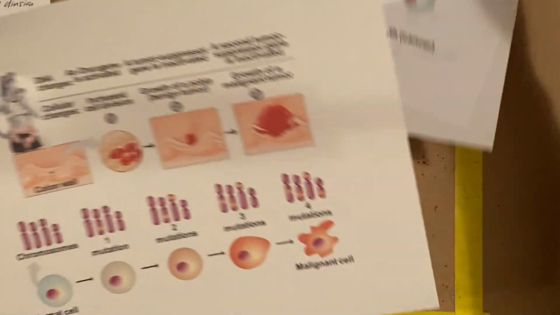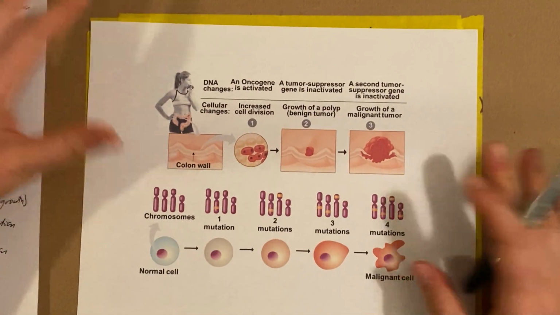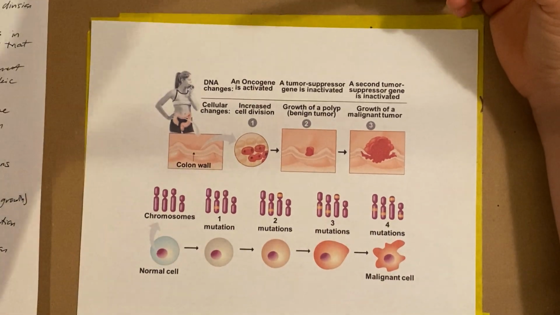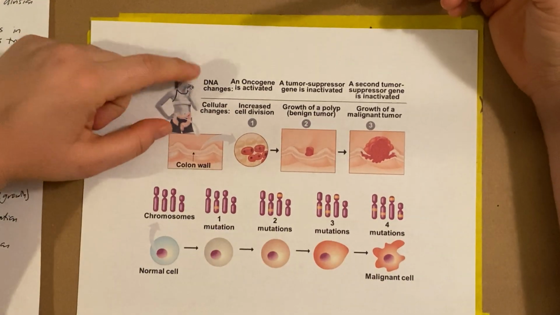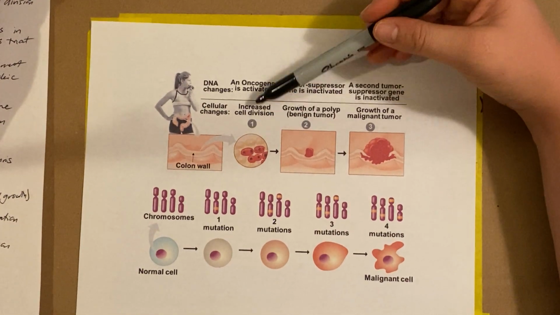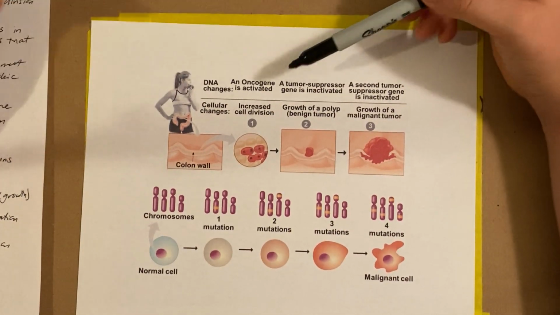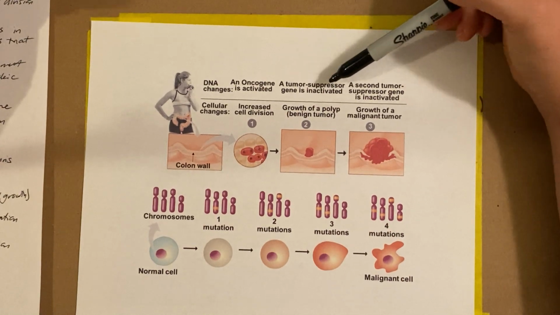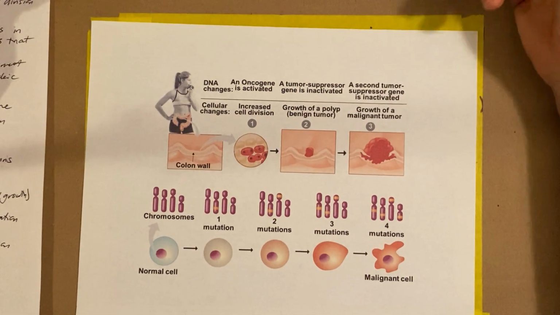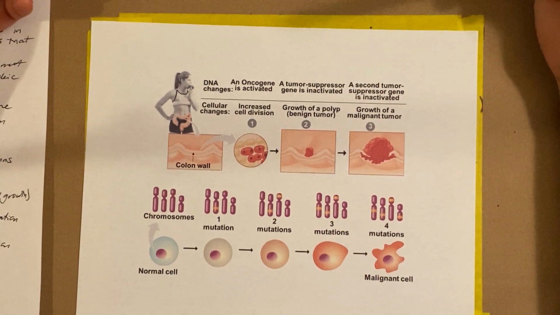Now, what happens is that once you start to have one mutation, other mutations are more likely to happen. So for example, in this case, an oncogene is activated, which then increases cell division. Then if there's a mutation in the tumor suppressor gene, it becomes inactivated, and then that cell division can continue to grow and become a benign tumor.